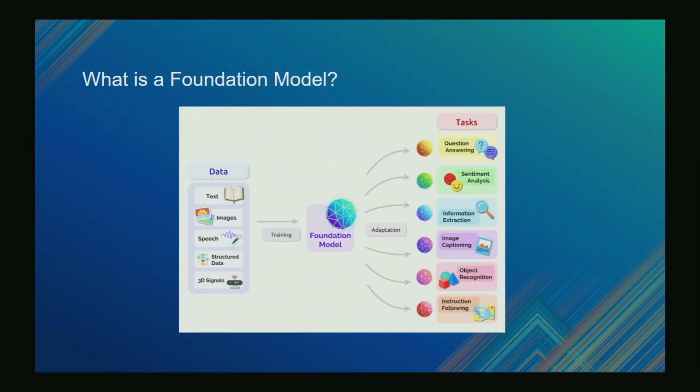And they can be adapted or perform many different kinds of tasks. The same model can do many tasks. So that's how it's different from very task-specific models like detecting trees or extracting building footprints or classifying land cover. Here, the same model can easily be made to do multiple different kinds of tasks.